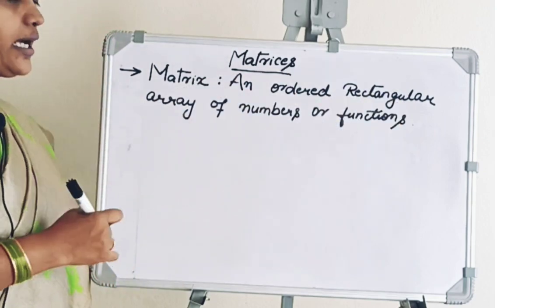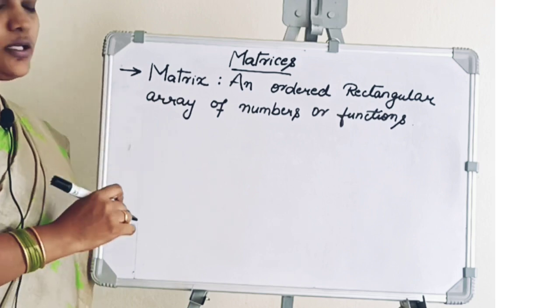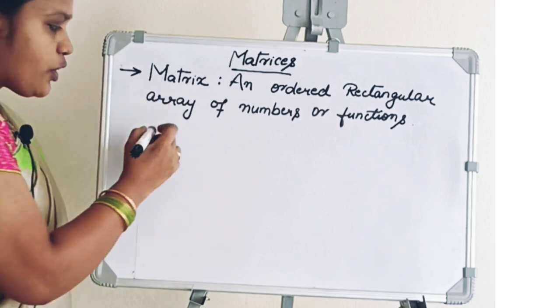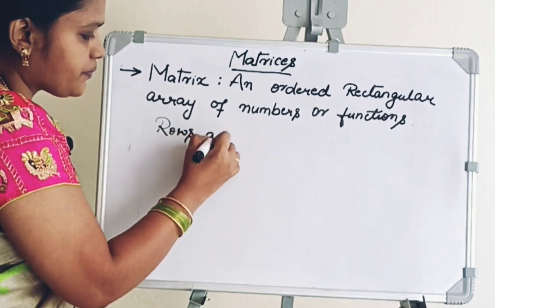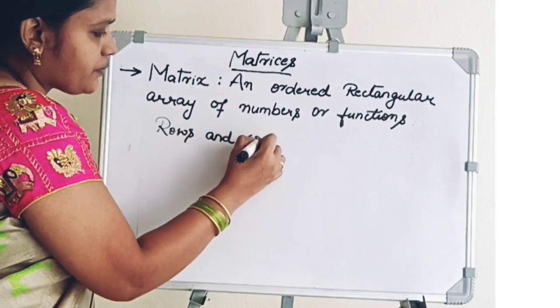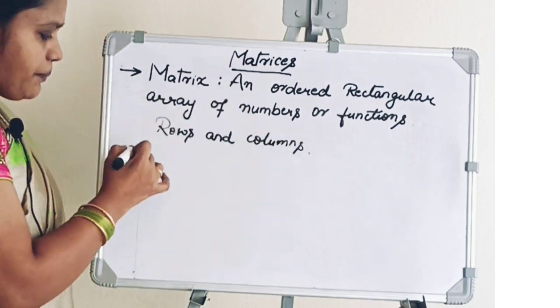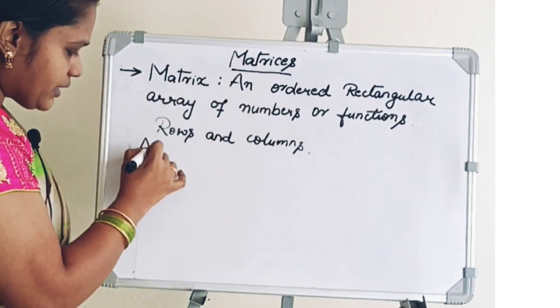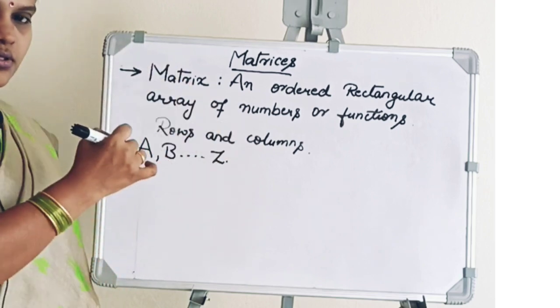An ordered rectangular array of numbers or functions we call it as matrix, usually arranged in the form of rows and columns, right? And matrices are always represented with capital letters, right?